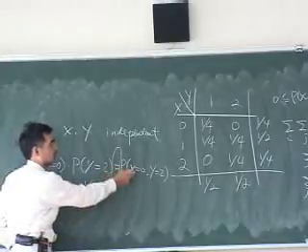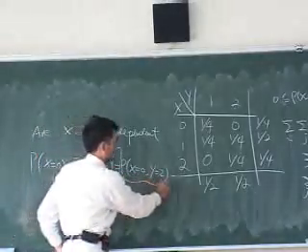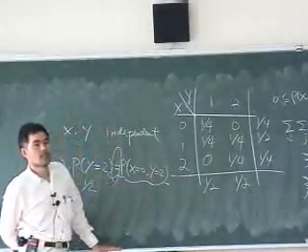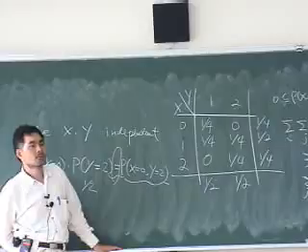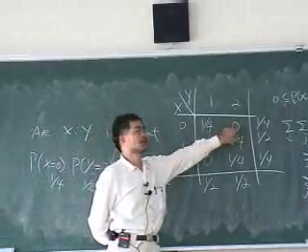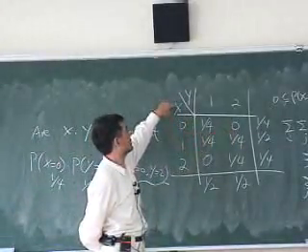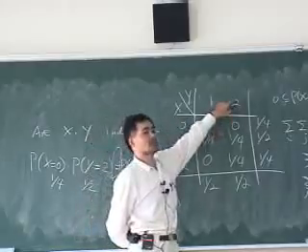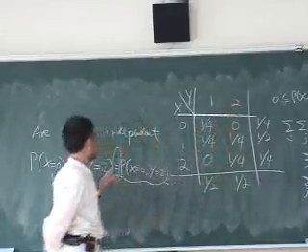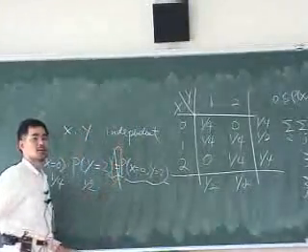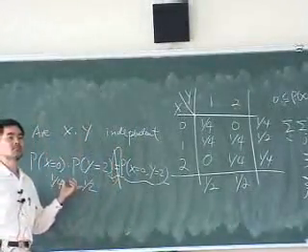And what about here? 0, right? Exactly. Because if you are looking at x equal to 0 and y equal to 2, what does that mean? It is 0. So it is not equal, right? So are they independent? No.